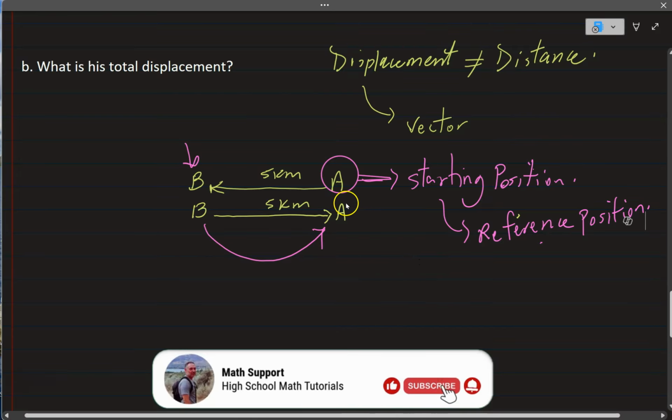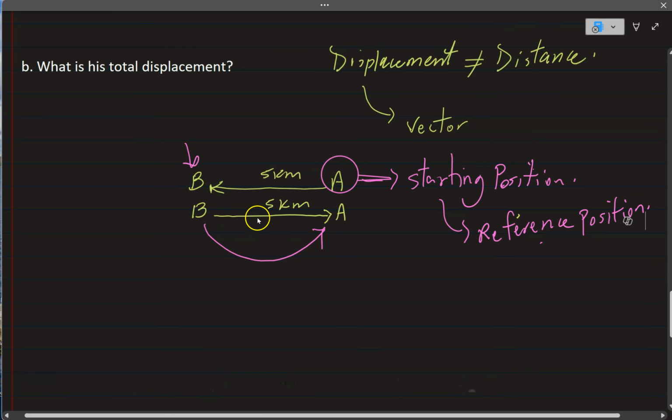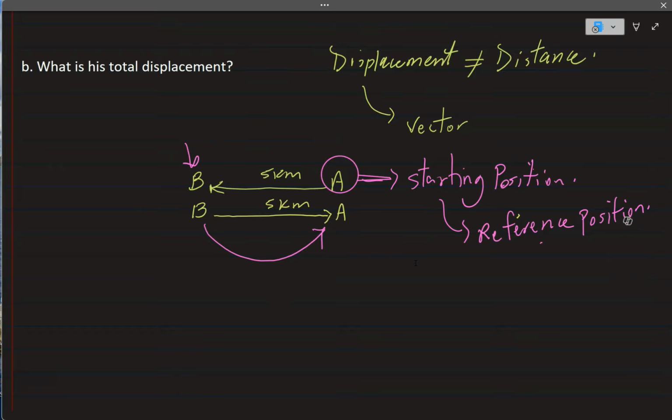So if it goes 5 kilometers to B and turns around and goes back to A, the total displacement is impacted directionally. From A to B, that was plus 5 kilometers.